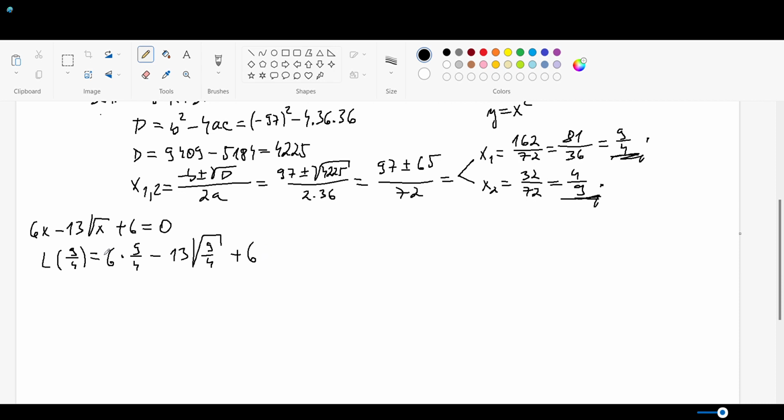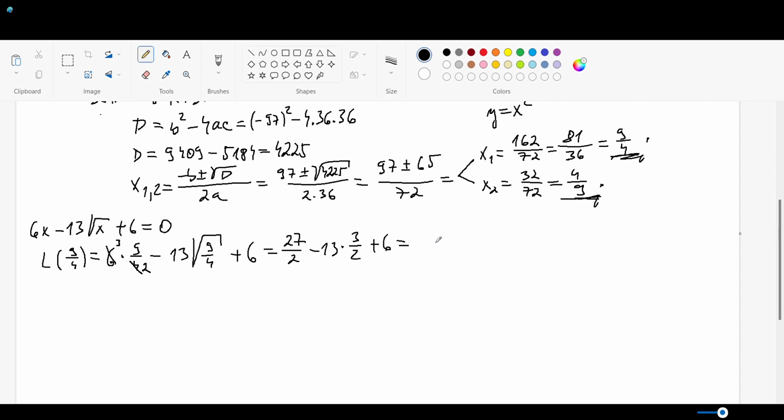So let's see what is going to happen. You can simplify this fraction by dividing 6 and 4 by number 2, so it's going to be 3 and 2. So the first term is 27 over 2, take away 13 times 3 over 2, because square root of 9 is 3 and square root of 4 is 2, plus 6.